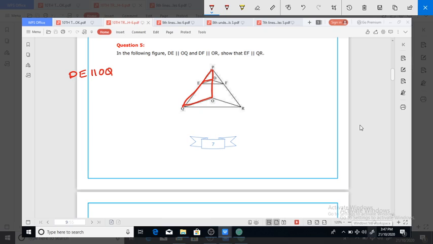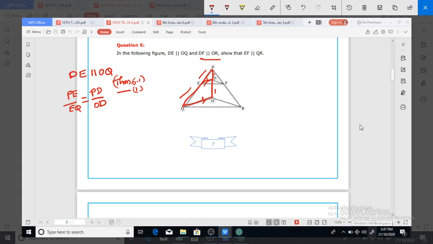Write: if these two are parallel, PE divided by EQ is equal to PD divided by OD. Call this 1, by what theorem? Theorem 6.1 or BPT or Thales theorem.